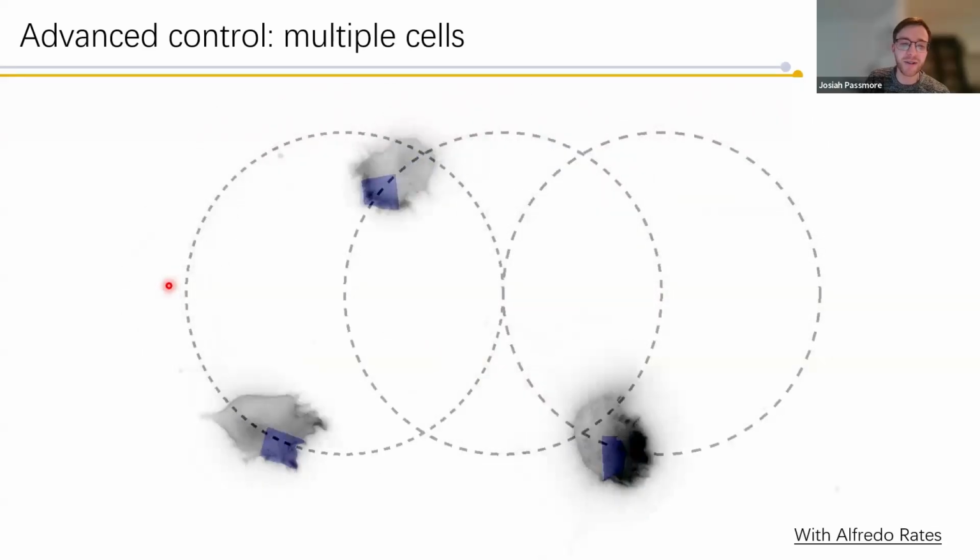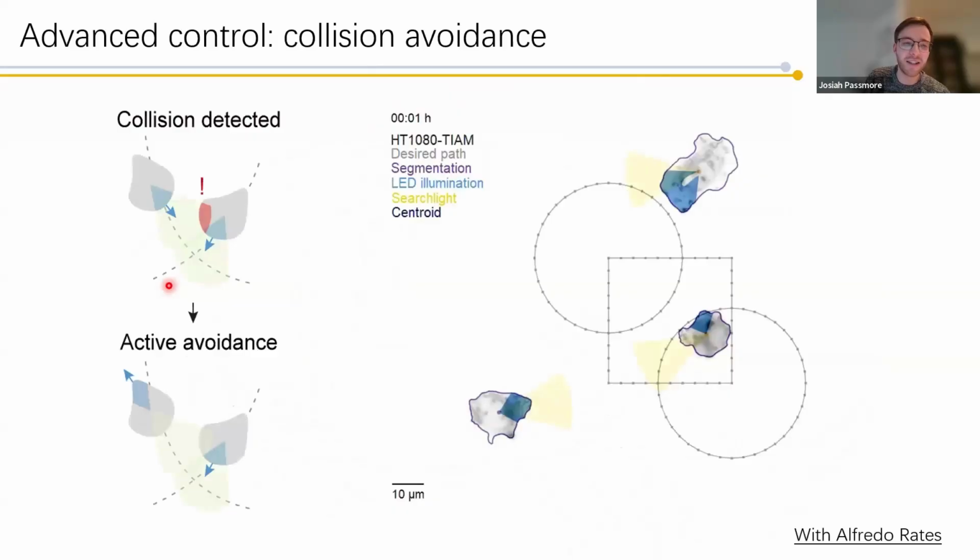In order to avoid that, we built in this collision avoidance system where we gave each cell a little searchlight. If it realized that it was about to come into contact with another cell, then we flipped the orientation of control in order to pull it away from this imminent collision.